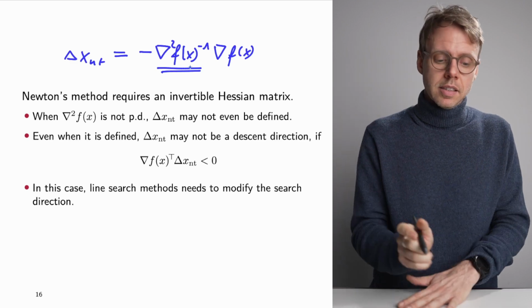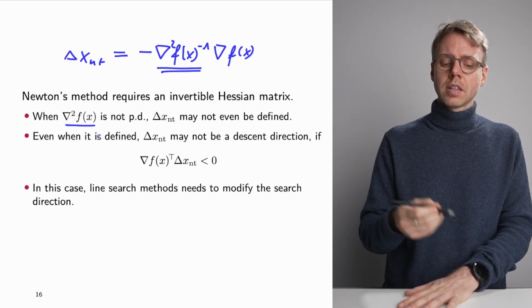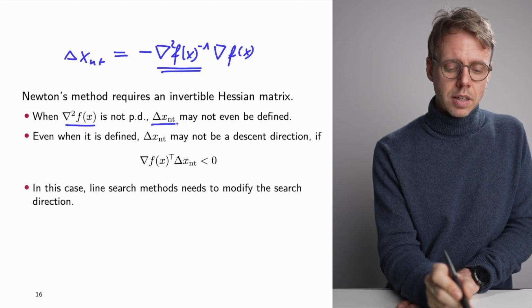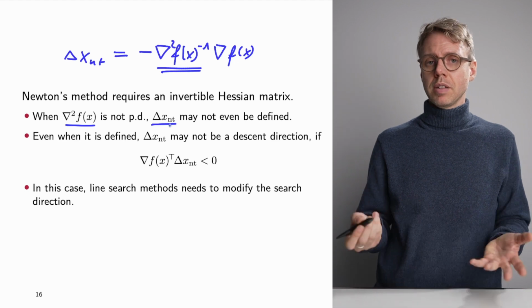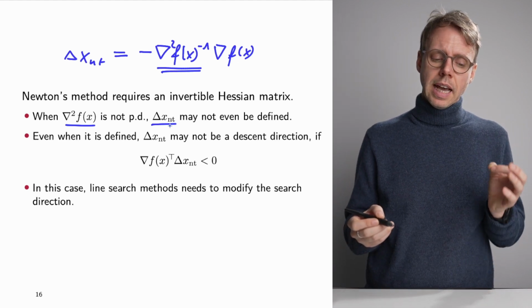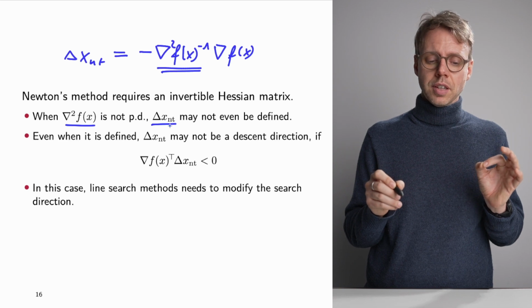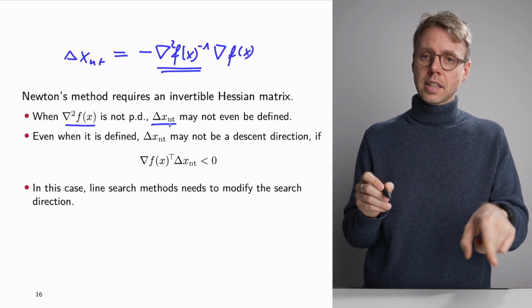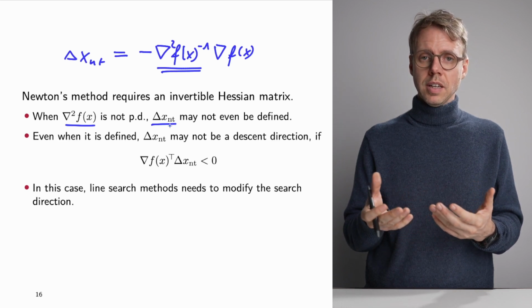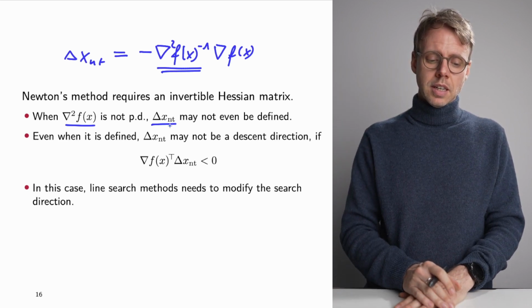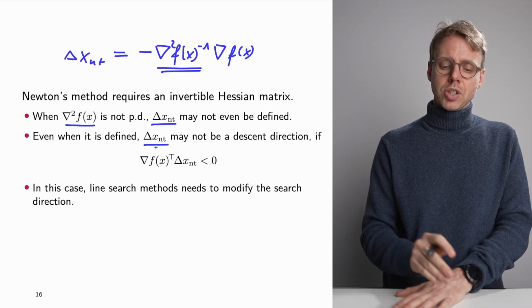In fact, if the Hessian matrix is not positive definite, this Newton direction may not even be defined. And even when it is defined, if the Hessian has a negative eigenvalue, so if it is indefinite, then delta x nt may not be a search direction.